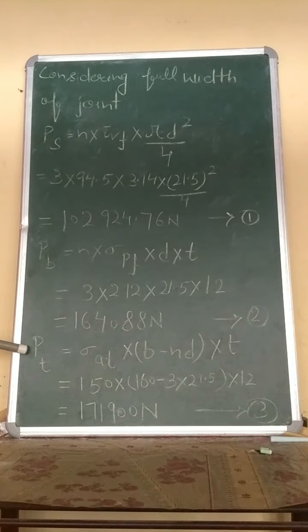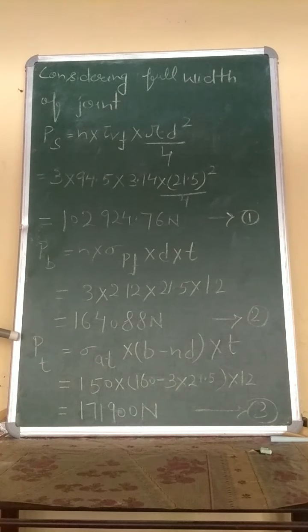For calculating the tearing strength of the joint, PT is equal to sigma AT multiplied by B minus ND into T. We get 150 into 160 minus 3 into 21.5 multiplied by 12, that is equal to 171,900 Newton.